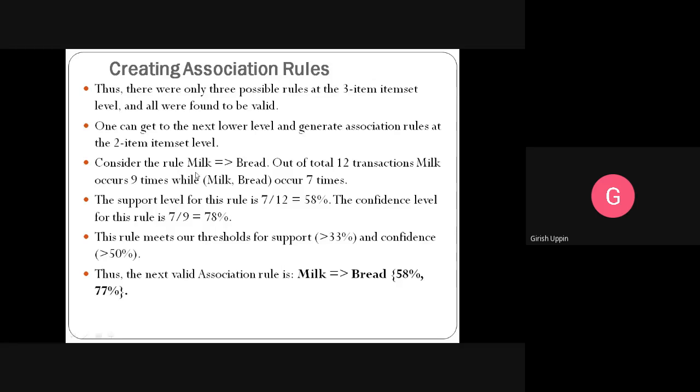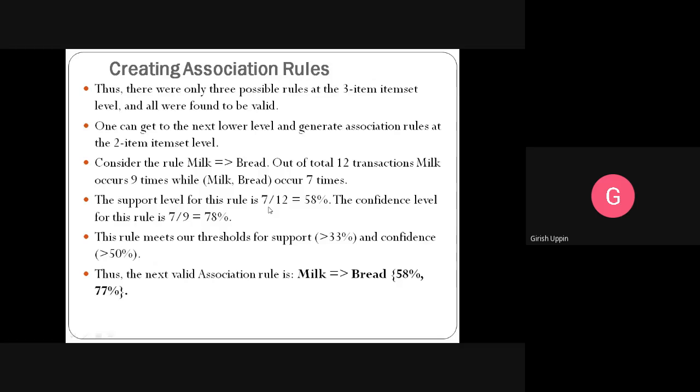For example, we have here the 1 item level. Milk implies bread. Now x is milk, y is bread. Total 12 transactions. Milk occurs 9 times. Milk and bread together occur 7 times. Now how to find the support?